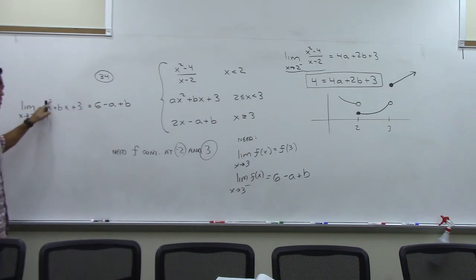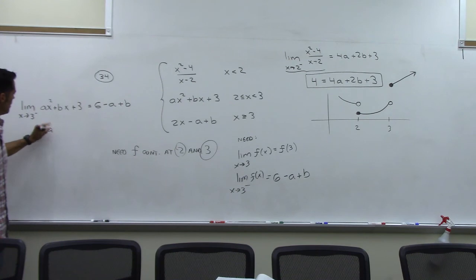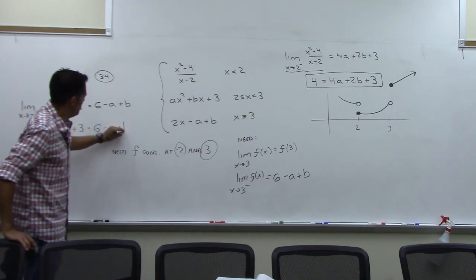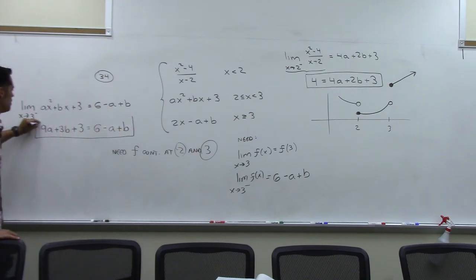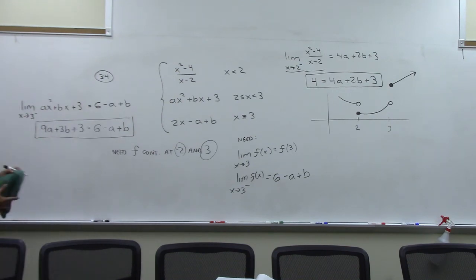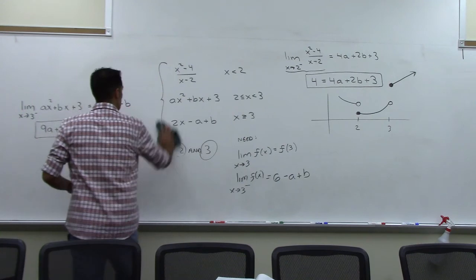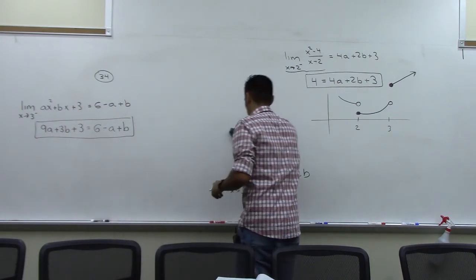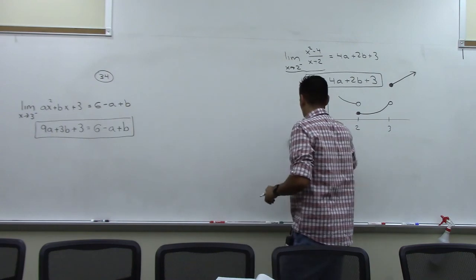So we get 3 squared 9, 9a, 3 times b plus 3b, plus 3 must equal 6 minus a plus b. And I will box that because I have another equation that has a and b in it. So I have two equations now that must be satisfied. And I have two unknowns.